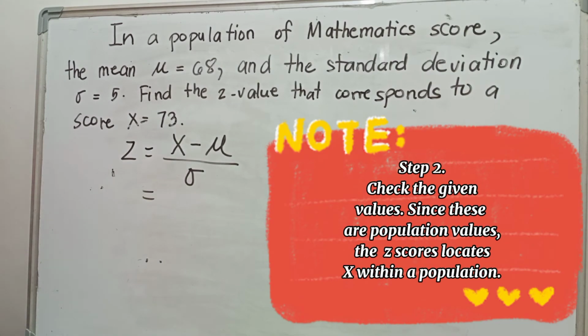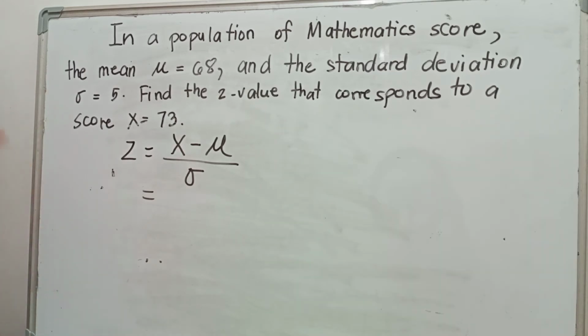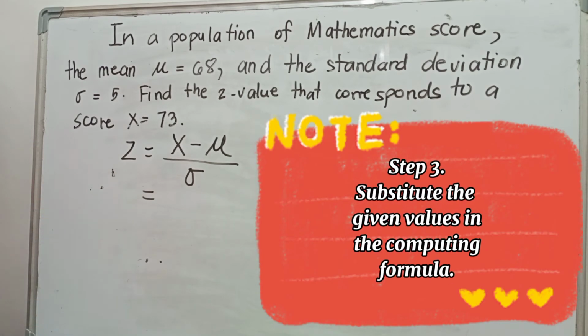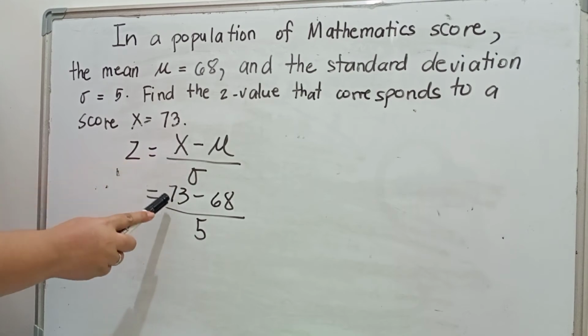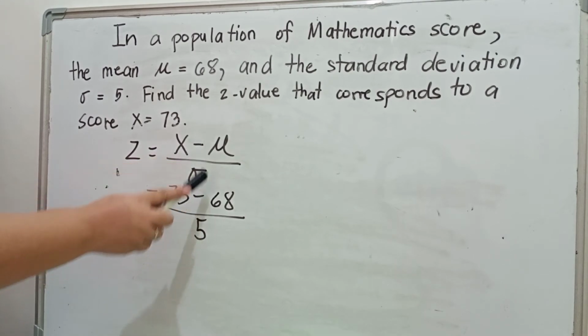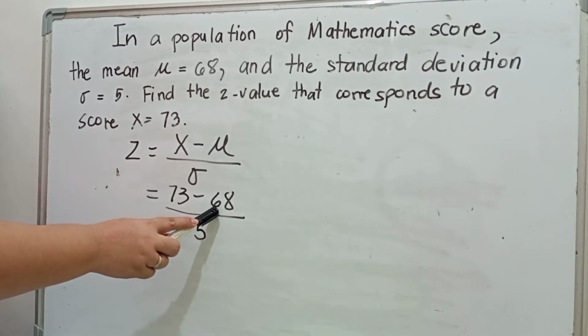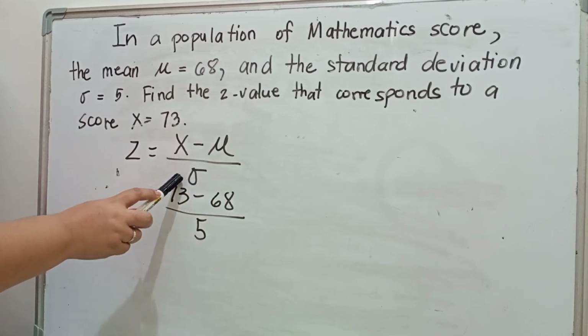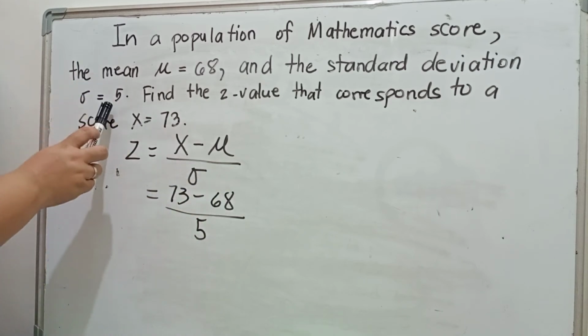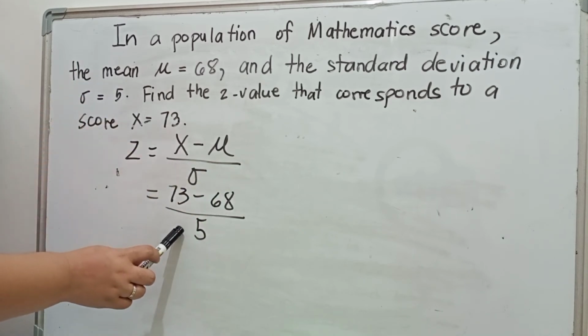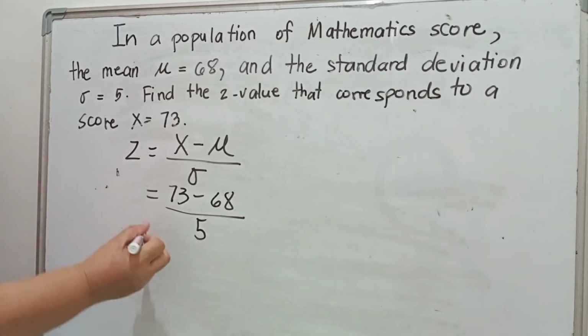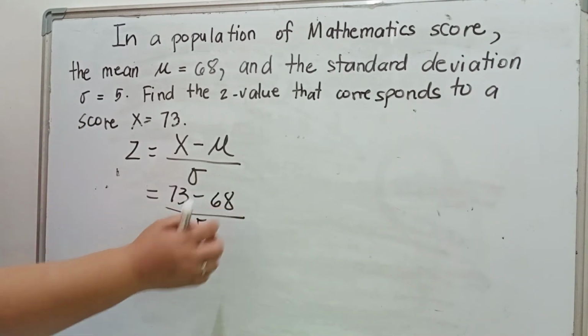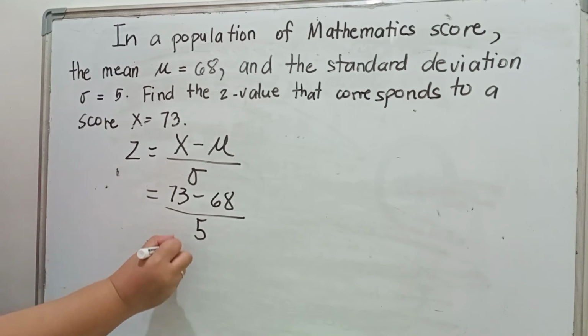Since these are population values, the Z-score locates x within a population. For the third step, substitute the given values in the computing formula. Our given measurement is 73 minus the given population mean of 68, all divided by the population standard deviation, which is 5. Subtracting 73 minus 68 is equivalent to 5.